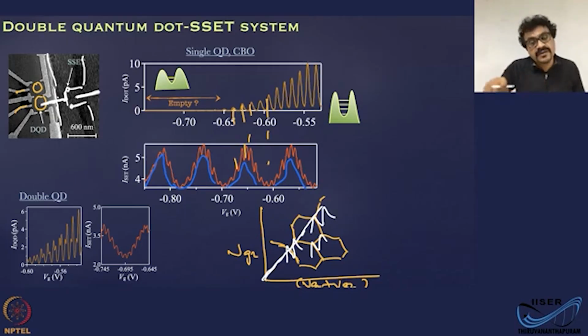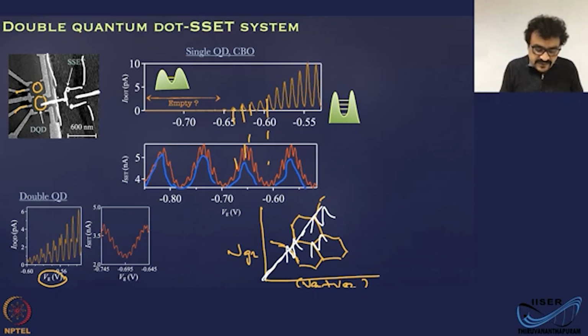You have split peaks in the Coulomb blockade oscillation, because you are observing now the Coulomb blockade oscillation of both dots together. So this gate voltage here means you are varying both gates at the same time. So each of these peaks is going to split into two. That's what you're seeing here. Okay, you can see that each of these are actually double peaks. Each of these peaks corresponds to the nearby triple points in the charge stability diagram.